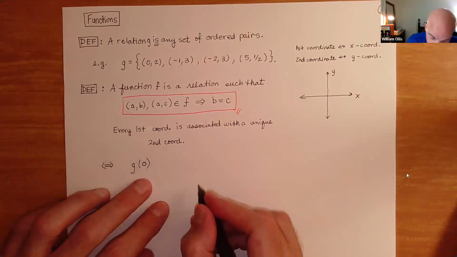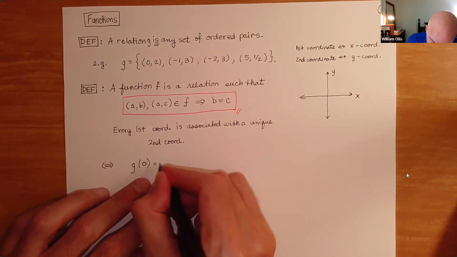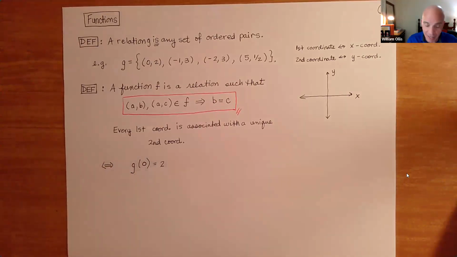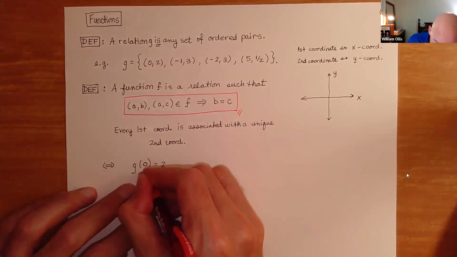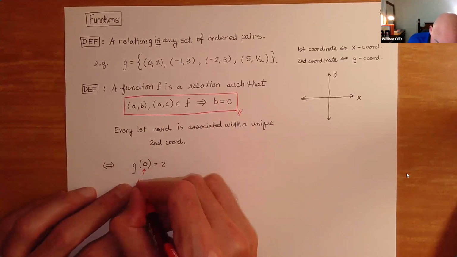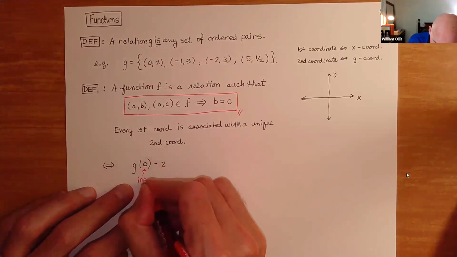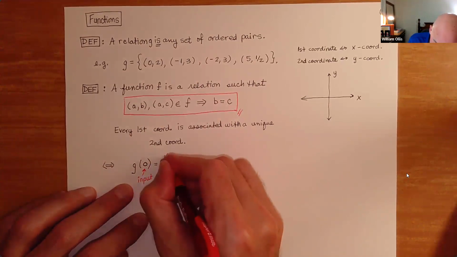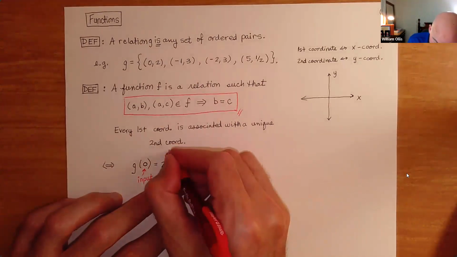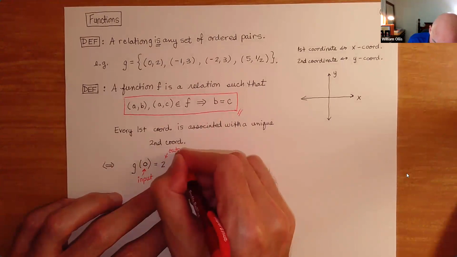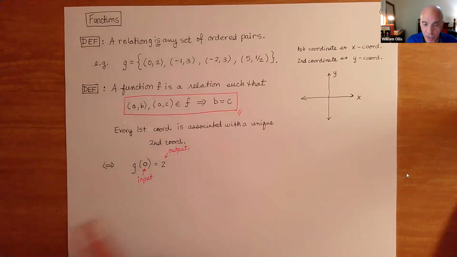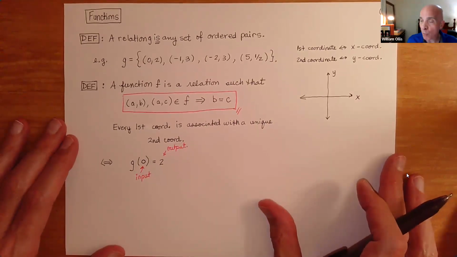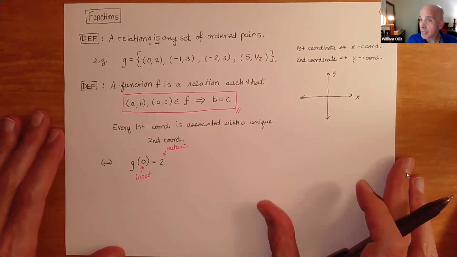Put that in parentheses, and the output is 2. That is a common notation where we think of the first coordinate as being input and the second coordinate as being output. That's very important. And this notation you most likely have seen before, and it is very convenient.